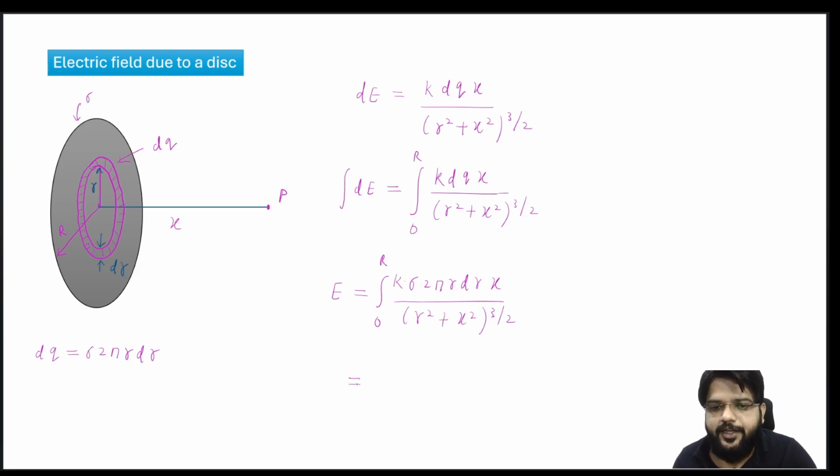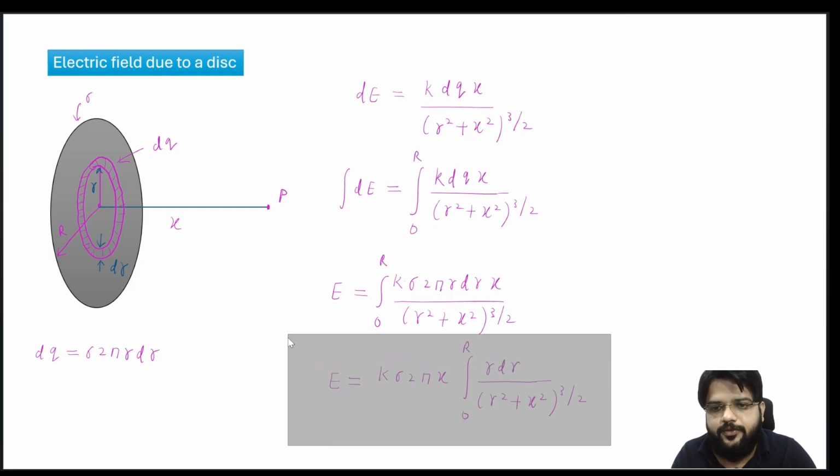So I'm putting outside the integration k sigma 2 pi x, and now inside the integration we have 0 to R, dr divided by r square plus x square power 3 by 2. This thing we have. All right, this is the electric field. Copy this value.